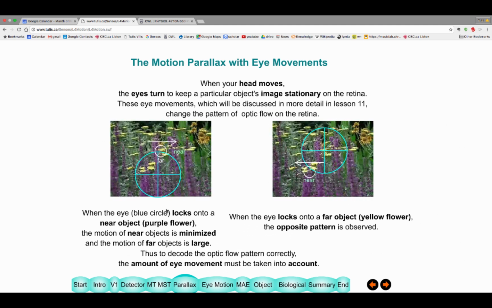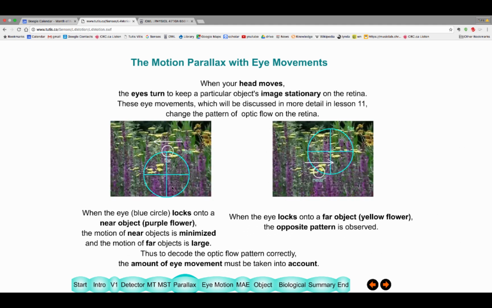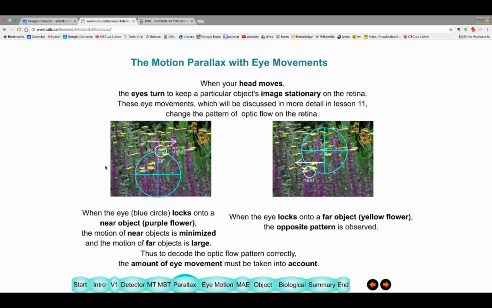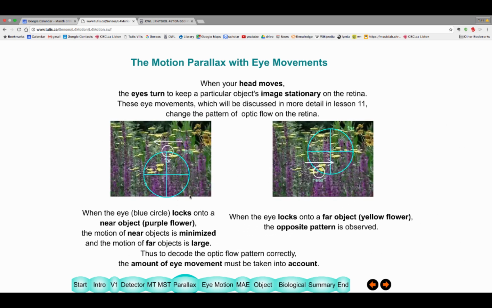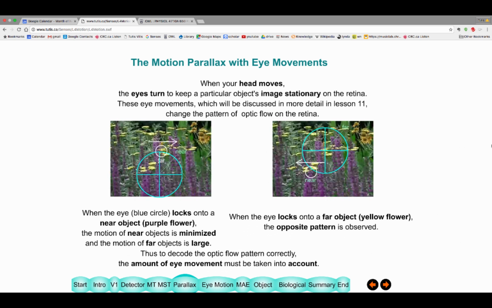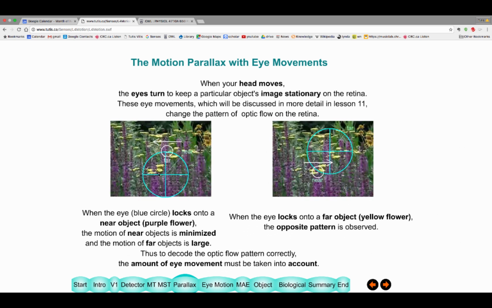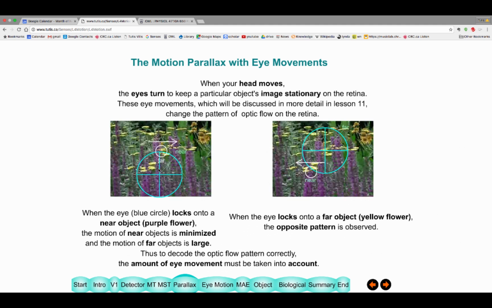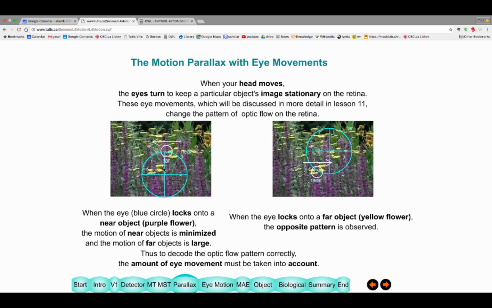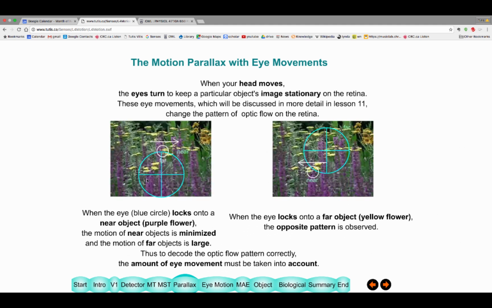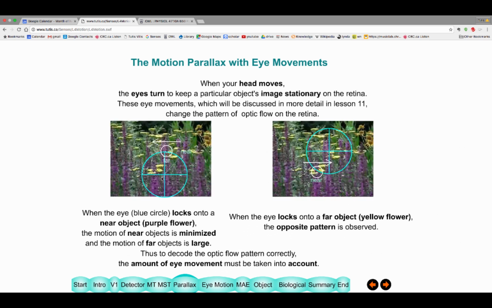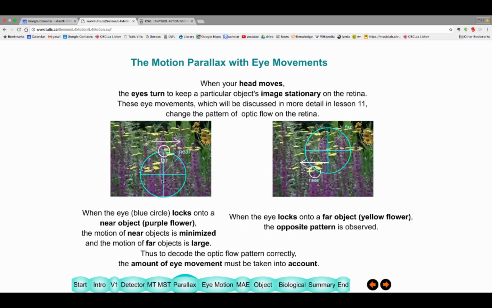So here you are, you're looking at something. This is the scene. This is what your eye sees. And again, this is what your eye sees. This is what your eye sees when you're looking at the purple flower. So these are objects close to you. Okay?